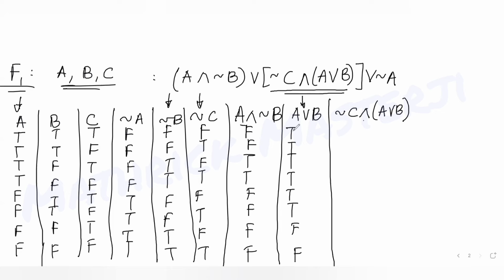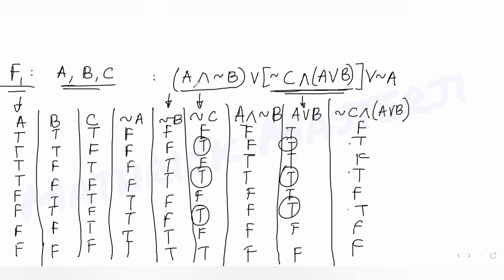Here it is F. Here I have both true, so T. Again F, again T, again F, again T, again F, again F. So for all the entries where both were true, we had the answers T, T, and T. Otherwise, we got F. Now what we need to do is we have this entire bracket, and we also have this with us. If I cup these two ideas, because it is OR.